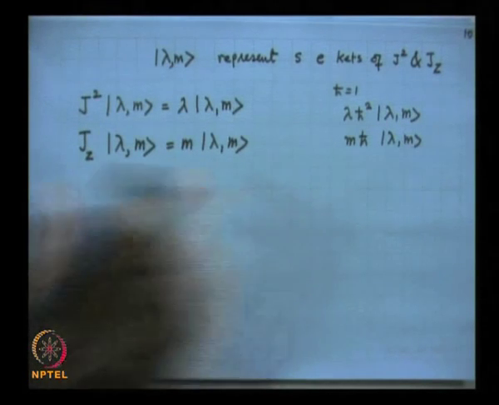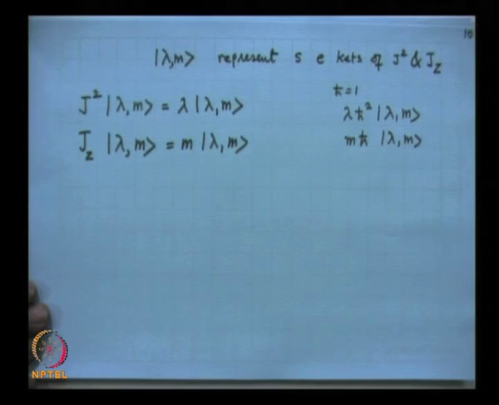So, I want to solve this eigenvalue equation. That is, we want to obtain simultaneous eigenkets, a complete set of simultaneous eigenkets corresponding to the operators j square and jz.